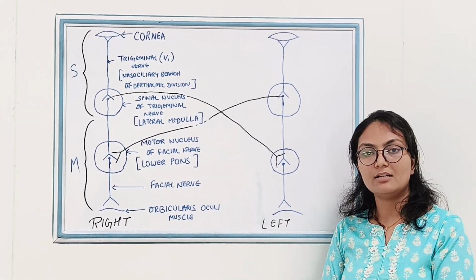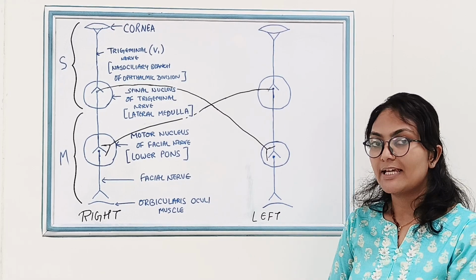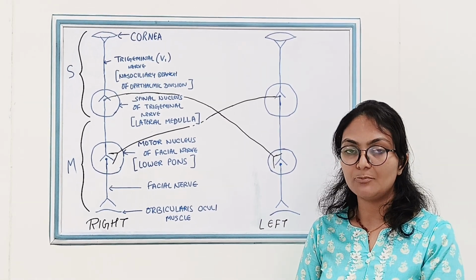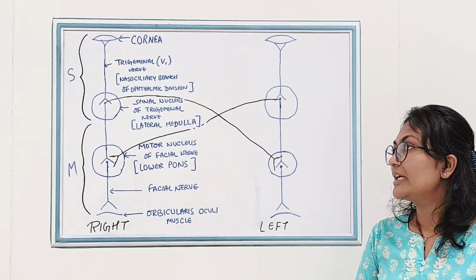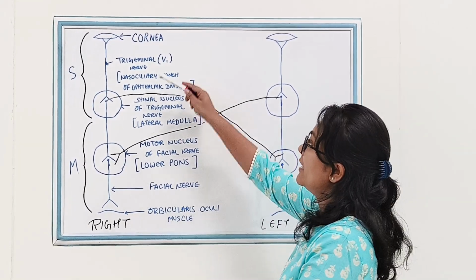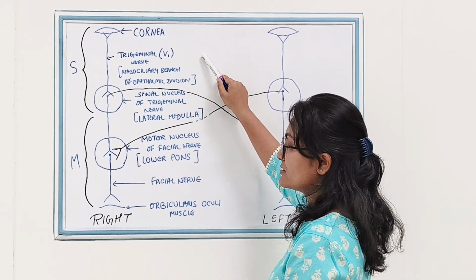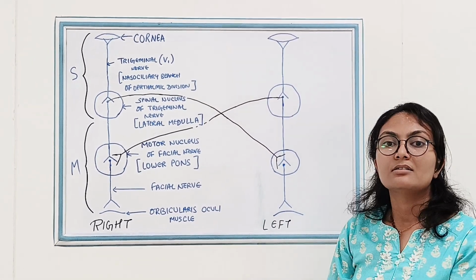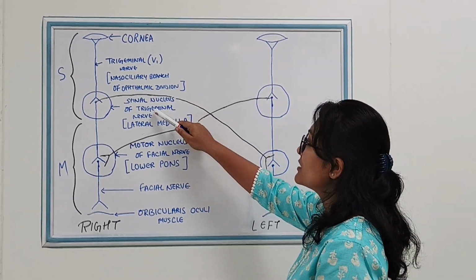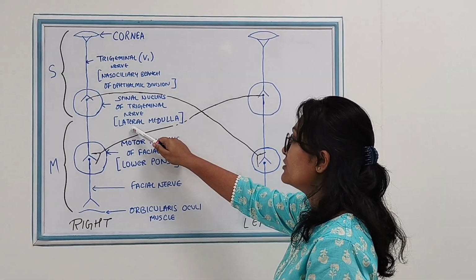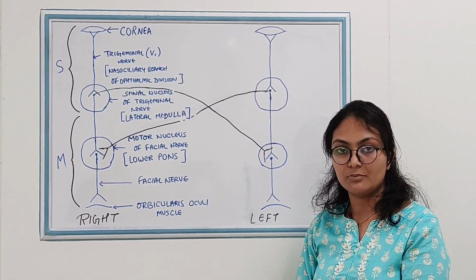Now we will discuss the clinical significance of corneal reflex. Dysfunction of corneal reflex can be seen if there is lesion at any point in corneal reflex pathway, whether it is central or peripheral. In first scenario, if there is lesion at afferent level trigeminal nerve, which is nasociliary branch of ophthalmic division, which is seen in cavernous sinus thrombosis, or if there is lesion at the spinal nucleus of trigeminal nerve, which is present over lateral medulla as seen in lateral medullary syndrome or Wallenberg syndrome.